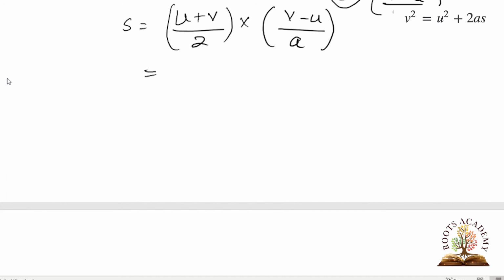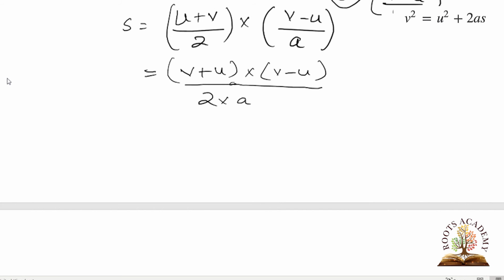Now since the initial velocity and final velocity over here are both positive, we can replace this as v + u and write it down. It's going to be the same upon 2 into (v − u). Okay, and now since both are in multiplication, we can have a common division, and it becomes 2 into acceleration.